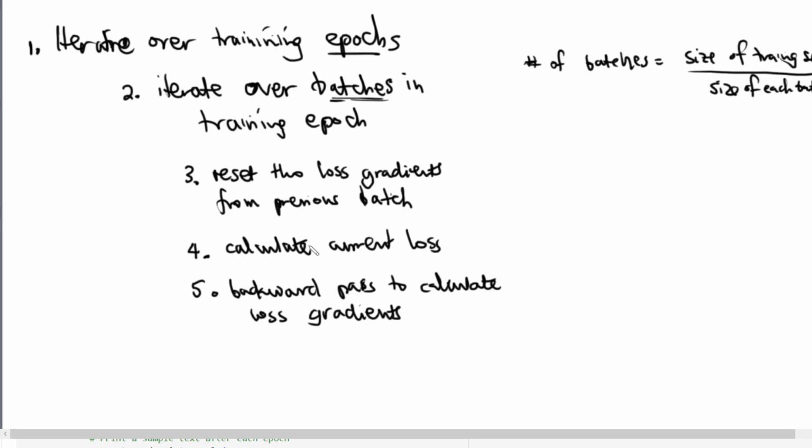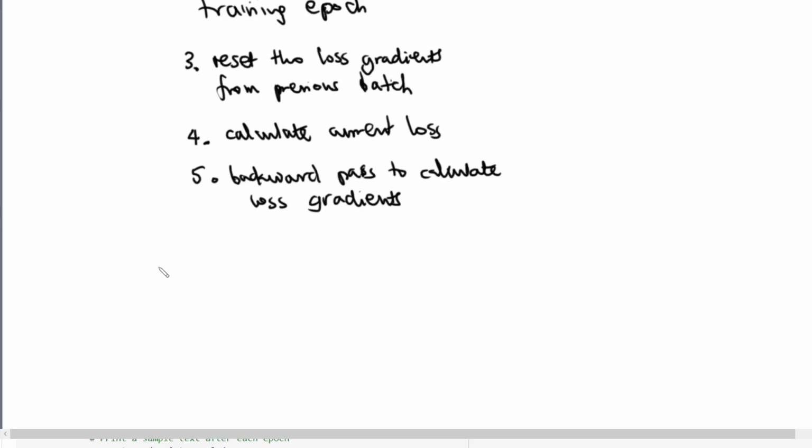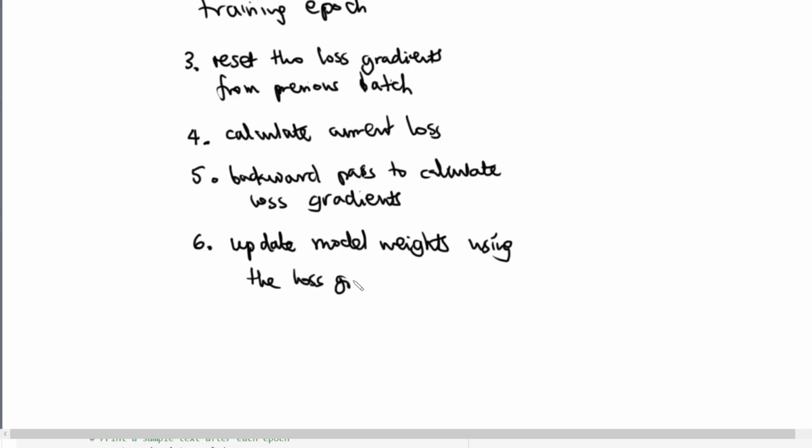And then after we do that, we use that information to update the model weights using the loss gradients. Some of these you really do not need to know in detail, especially if you have never seen how backward propagation works, but that's essentially what we're doing.